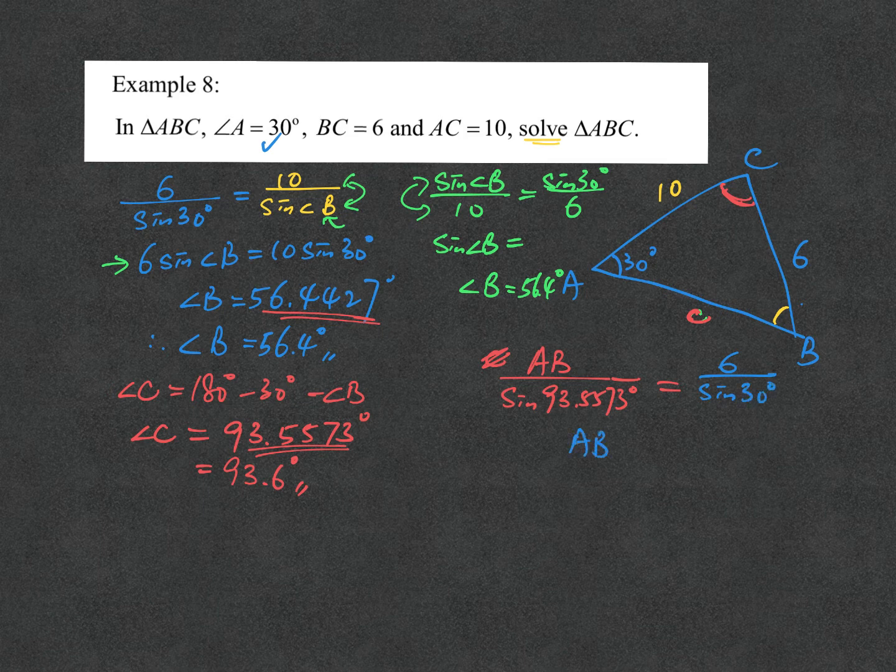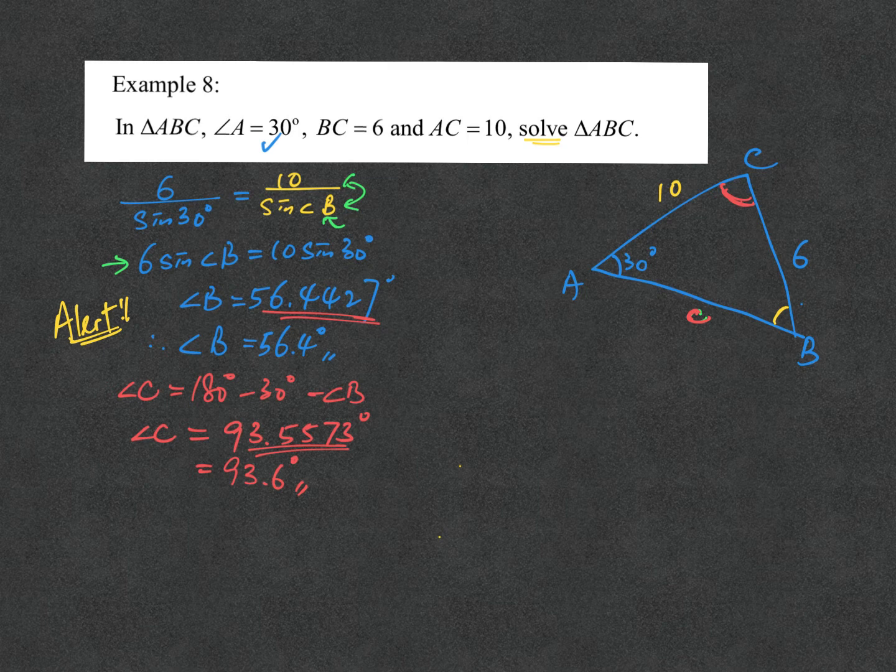So once again, use your calculator very carefully, 6 over sine 30, multiply by sine 93.5573. And this is the final outcome. So I can write 3 significant figures directly, which is 12.0. So hopefully you'll find that sine law is not a very difficult matter and you can apply it quite easily.